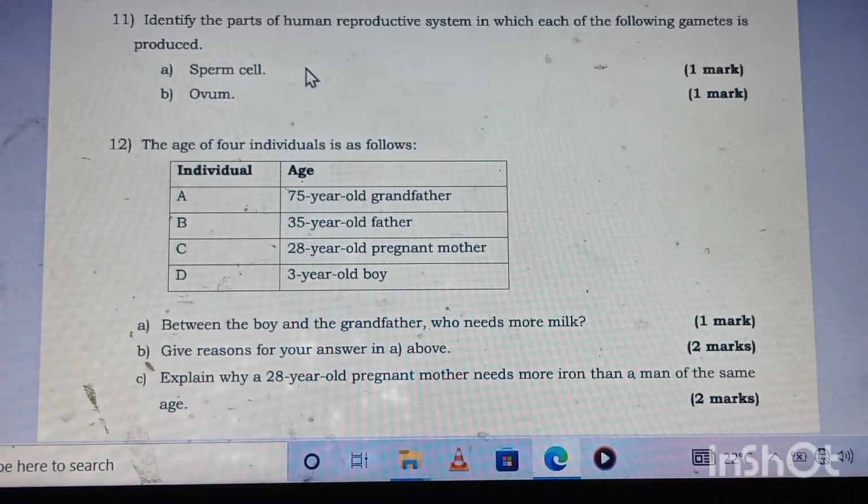Sperm cell is produced by the testis, while the ovum is produced by the ovary. The first one is the male reproductive organ, the testis. The second one is the female reproductive organ, the ovaries. In addition, sperm cell is produced by spermatogenesis, while ovum is produced by oogenesis.